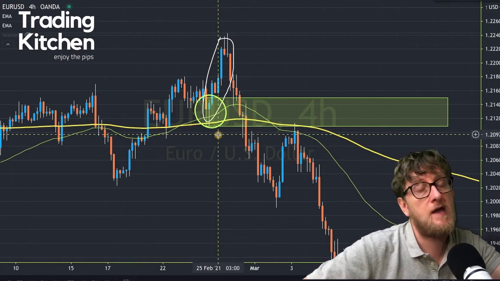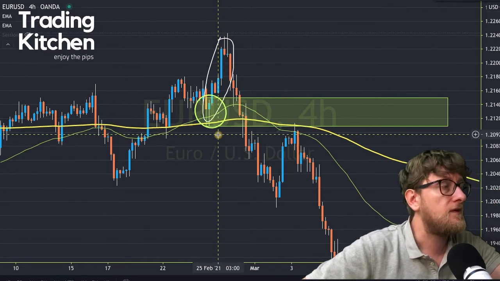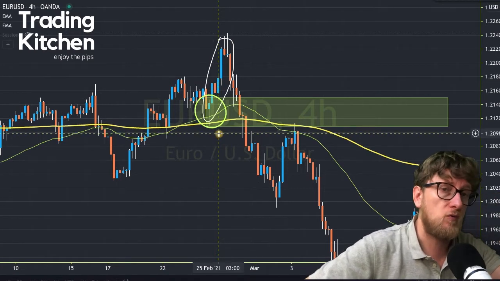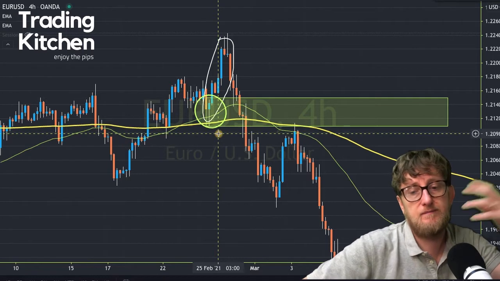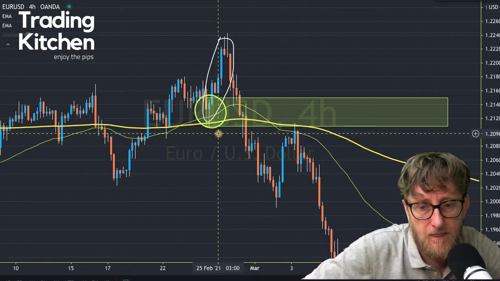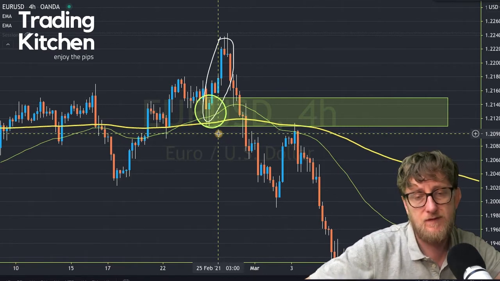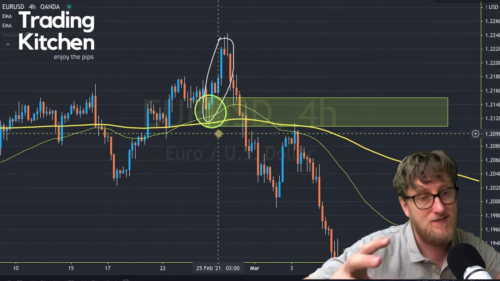A lot of traders consider only the body of the candles. I prefer to consider also the wick, for a simple reason: the wick tells me how strong this impulse is.